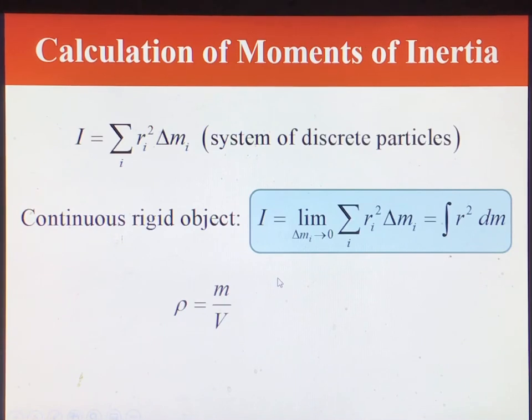The way we calculate this dm is a very key point. The dm is given by rho times dV if you have a volume distribution of mass, and so you can write your I value as the integral of rho times r squared times dV.